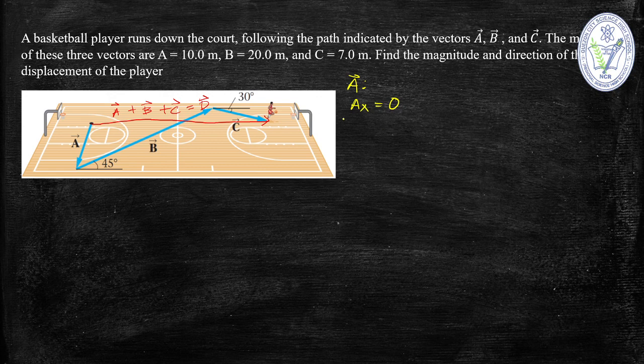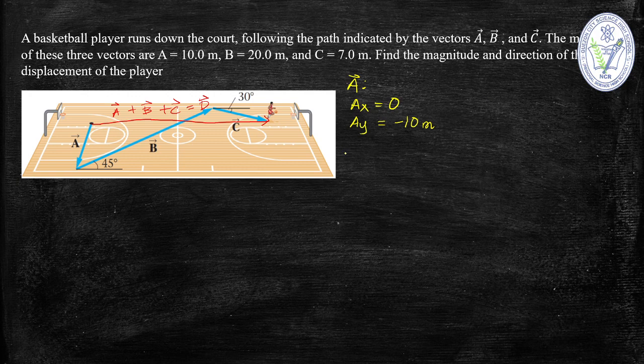So if it's going down, we can only say that AY is negative 10 meters. It's negative simply because if plotted in a Cartesian coordinate system, that would be negative y.